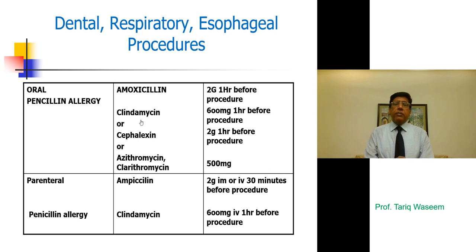Injectable parenteral, you can give ampicillin 2 gram IV 30 minutes before the procedure, or clindamycin 600 milligram IV before the procedure. This is the prophylaxis against endocarditis in someone who possibly has an underlying cardiac lesion and has to undergo some procedures.